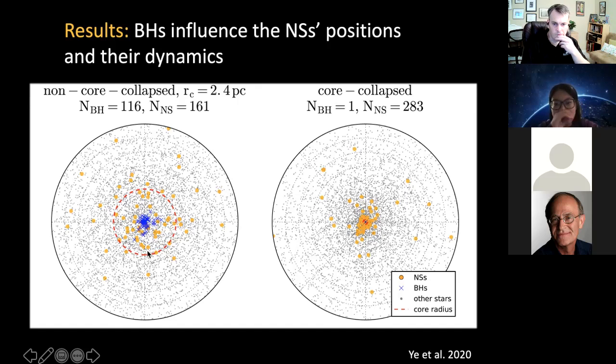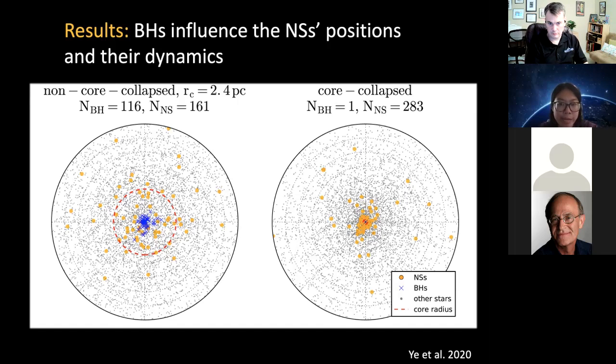And so the neutron stars are prevented from sinking to the center. So basically a decreasing number of black holes corresponds to more concentrated neutron stars at the cluster center. And since the core of a cluster is the densest part of a cluster and most dynamical interactions happen there, fewer black holes also means more encounters for the neutron stars.